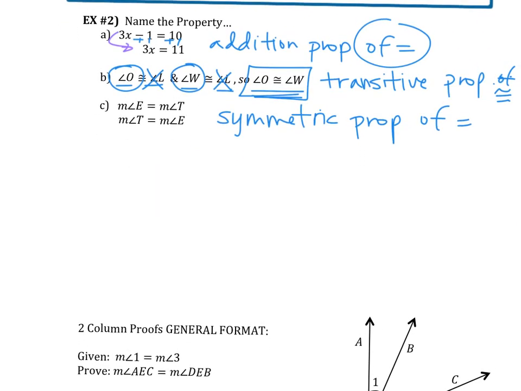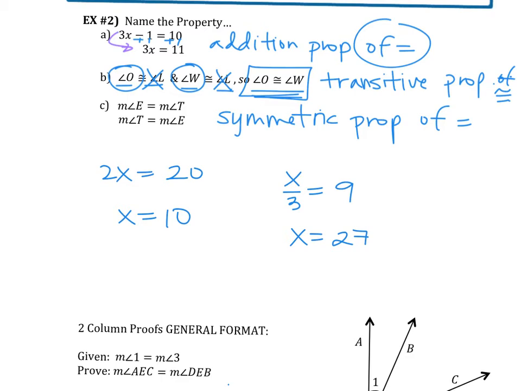I'm going to give you one more right here. What if I said 2x equals 20, so x equals 10? Which property happened there? Yeah, Jerry. Division, right? We divided both sides by 2. What if I said x over 3 equals 9, so x equals 27?